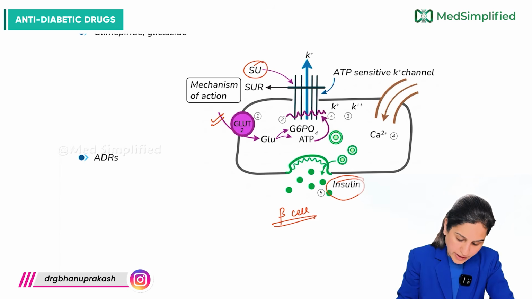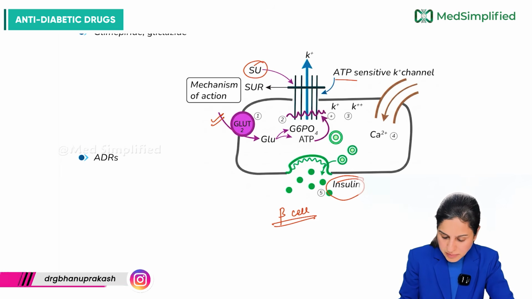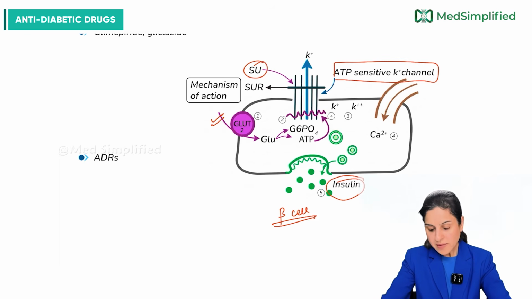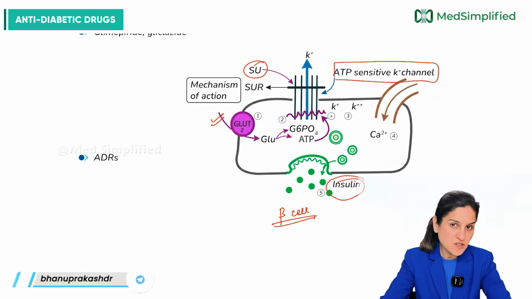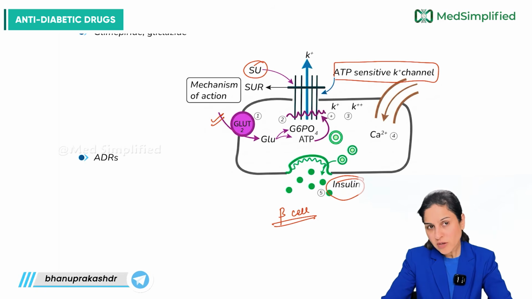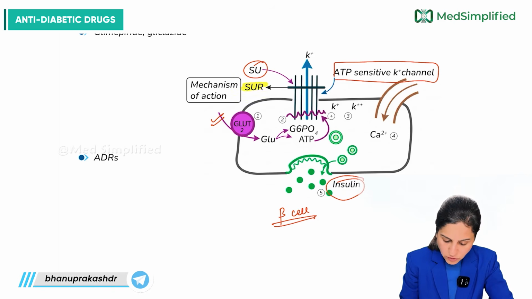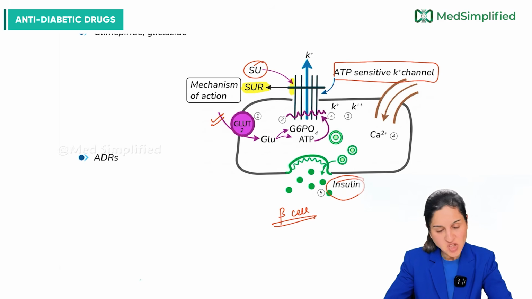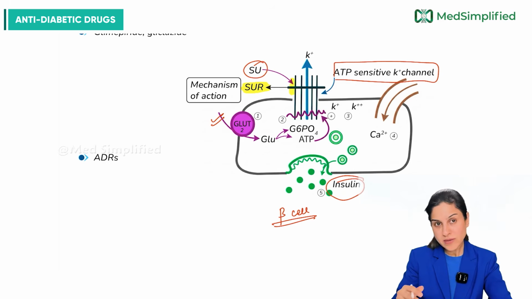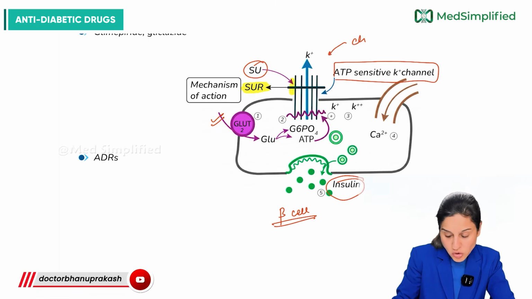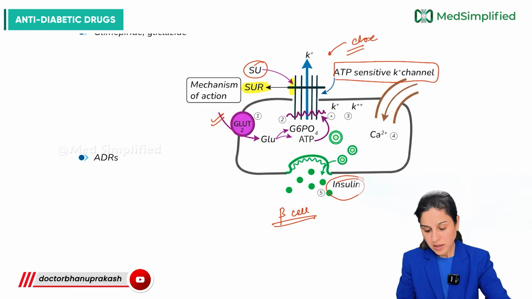On this beta cell of the pancreas, there are channels called ATP sensitive potassium channels. When a sulfonylurea is given, it acts on its receptor, called the sulfonylurea receptor, which is present on this channel. When sulfonylureas bind to it, they close this ATP sensitive potassium channel.